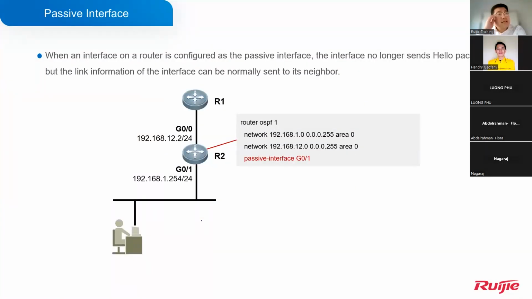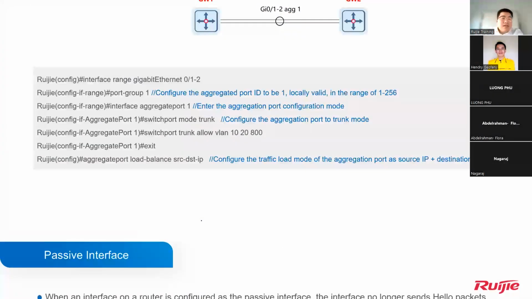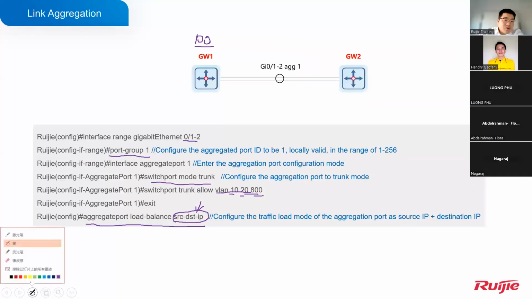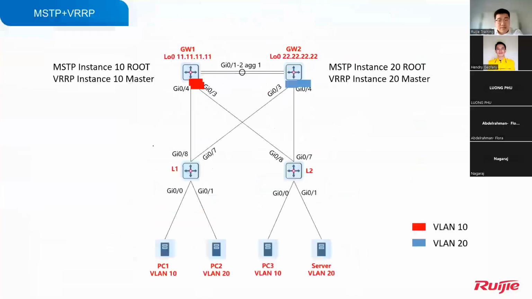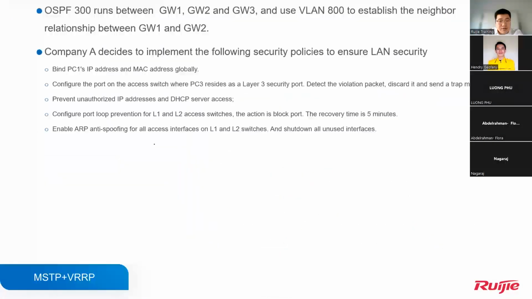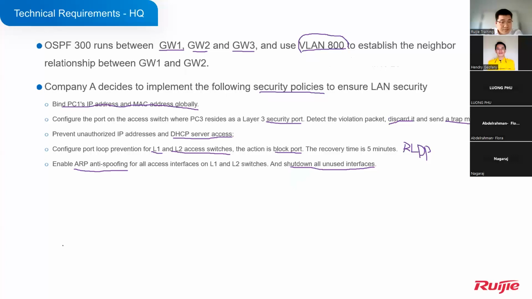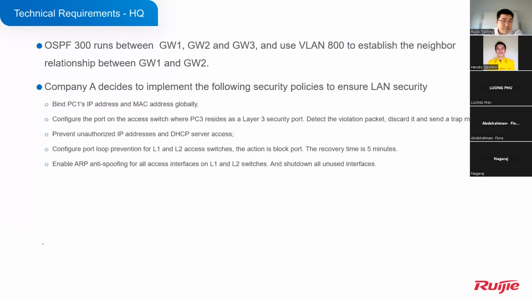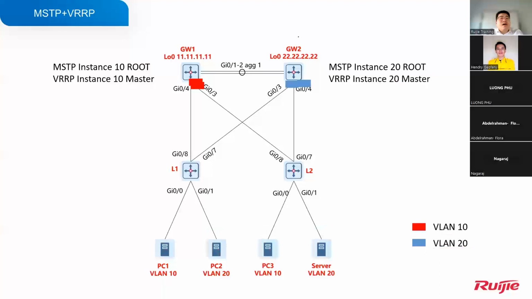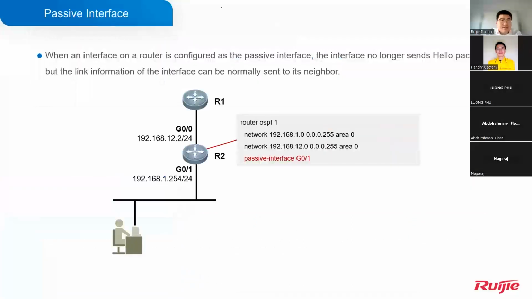And the next is that since we have a requirement, let's get back to the requirements. Between GW1, 2, 3, we run VLAN 300, but use only 800 to establish the neighbor. It's about the silent interface, or it's called passive interface.